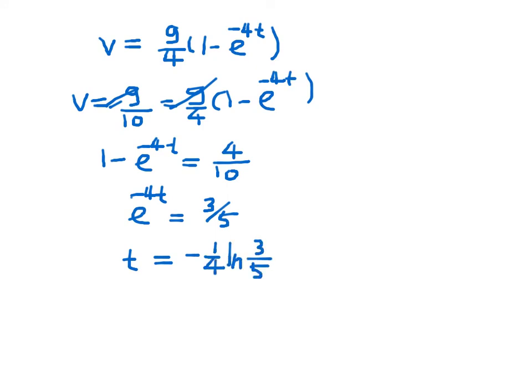Of course, you can leave it as such, or just take the approximated value of 0.128 seconds. So this is the exact answer, and this is the approximate answer to three significant figures.